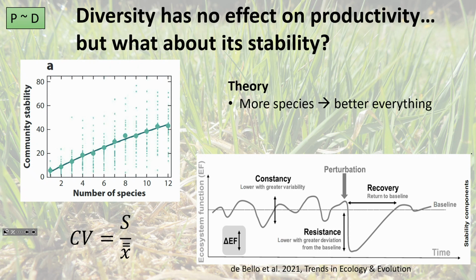So basically, here you have on the x-axis some ecosystem function. For us, again, it's biomass, and you look at, in time, how it's fluctuating, and that's what we are looking at, the constancy here. So we are not looking at resistance or recovery from some perturbation, really at how the communities are fluctuating around some baseline.